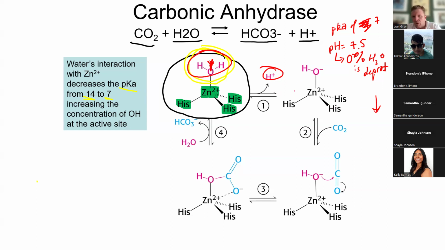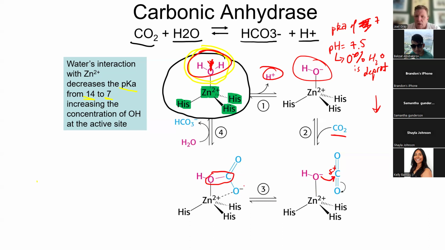Then what is also going to happen is this hydroxide group is going to love to interact with something that has a partial positive charge. And lo and behold, carbon dioxide is accessible and available. So one of these lone pairs of electrons on oxygen is going to go after this partial positive charge on our carbon, and it is going to form a bond between oxygen and carbon.